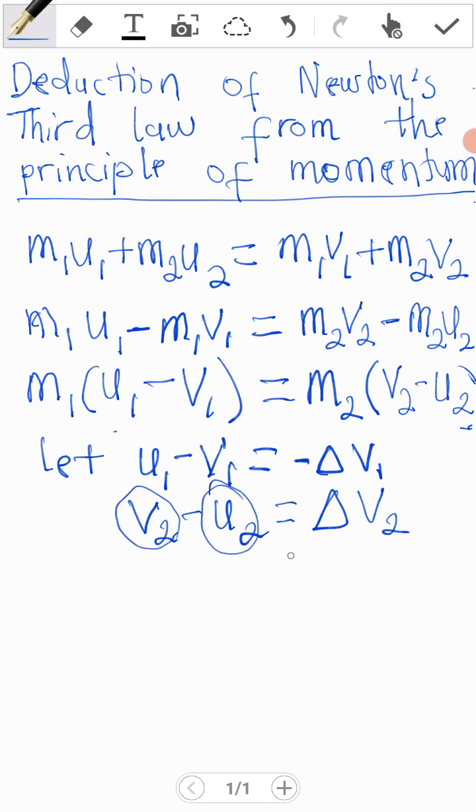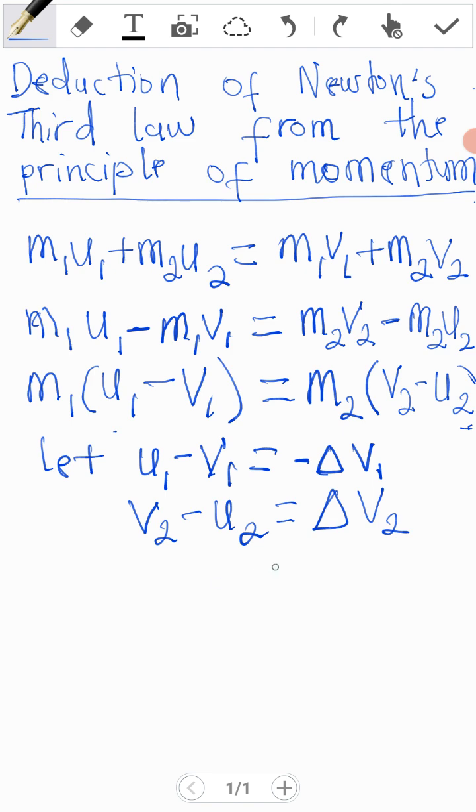And with u1 minus v1, that's also a change in velocity, but the opposite, that's why we give it a negative. I hope you understand that part. If you don't, comment in the comment section and I will talk to you personally and take you through it again.